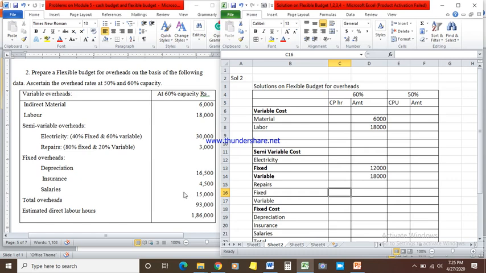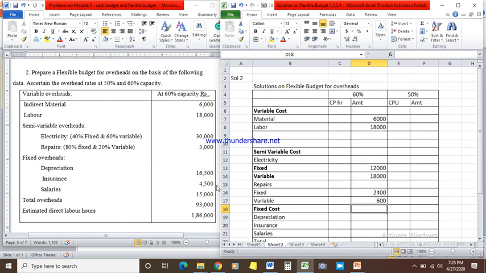When it comes to the other cost like repairs, again we have two things, one is fixed and variable. Under the repairs, 80% is fixed, 80% of 3,000, then 20% is variable, 20% of 3,000.